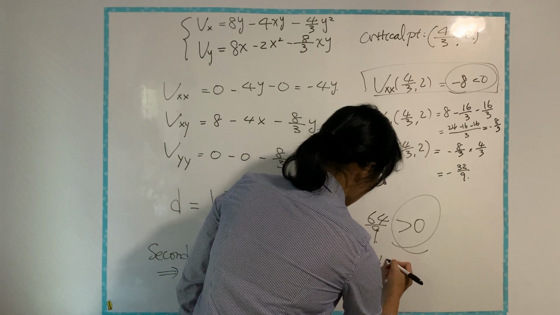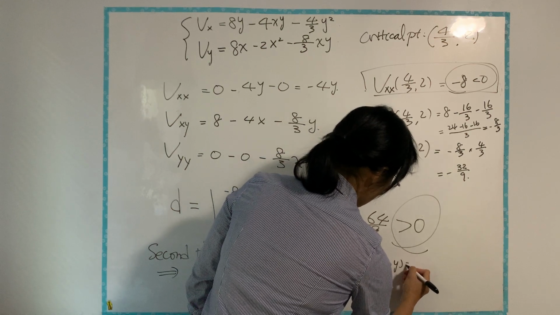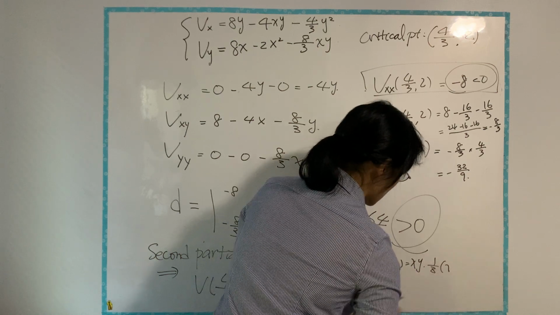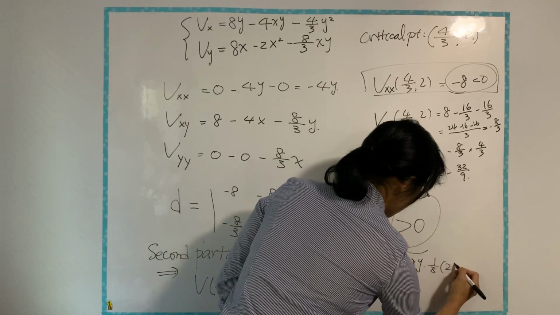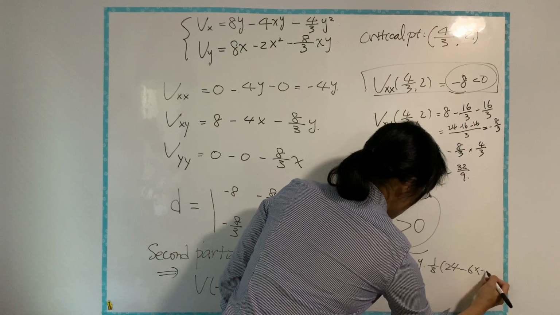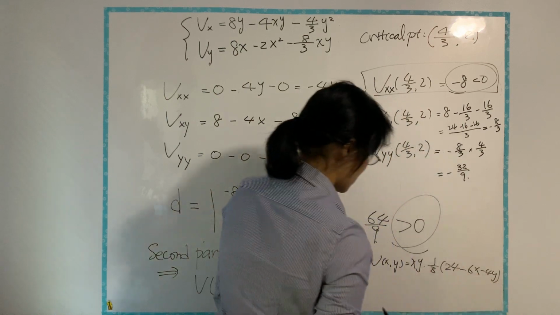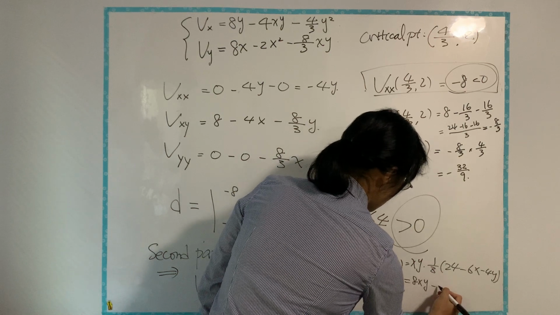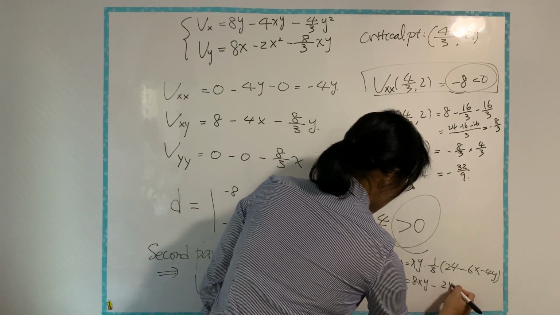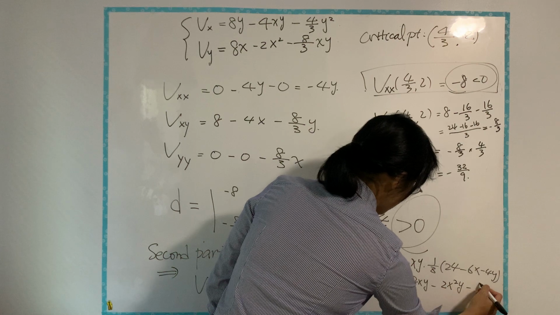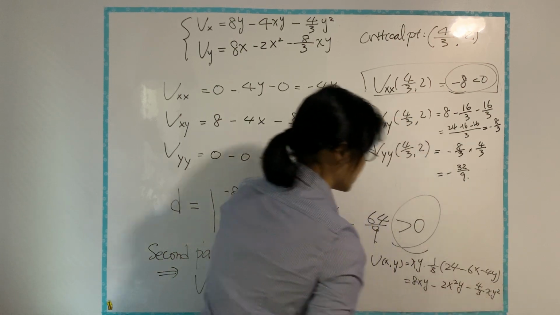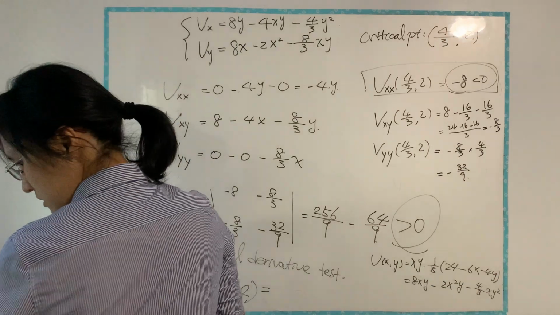V is xy times 1/3 times 24 minus 6x minus 4y. I think it's this one. Okay, so I have 8xy minus 2x squared y minus 4/3 xy squared. Let me get it.